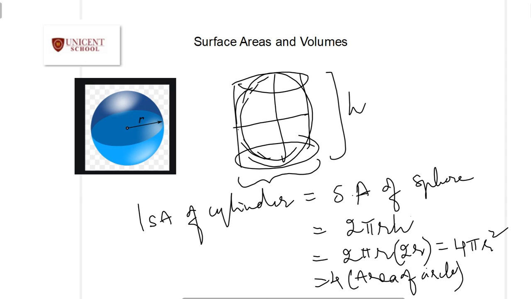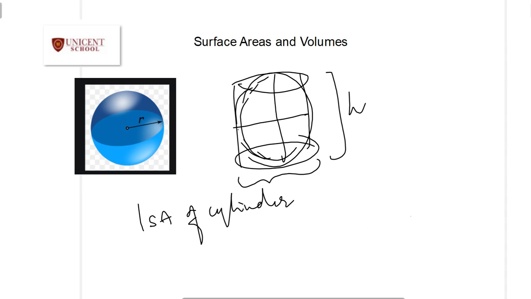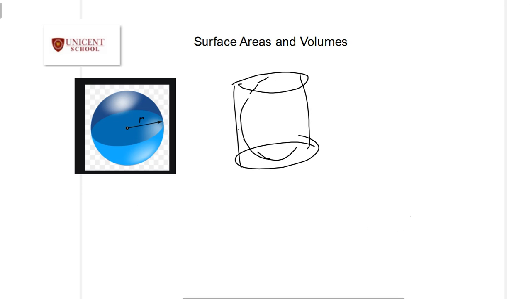And let us understand a few points here related to the sphere. When I take a complete sphere and cut it, what will I get? I'll get a hemisphere, that is half of a sphere. We call it a hemisphere. And this hemisphere is of two types.